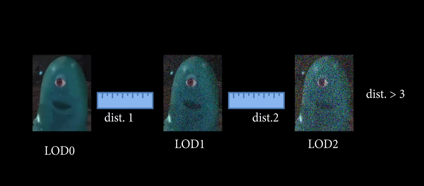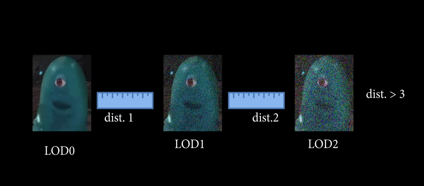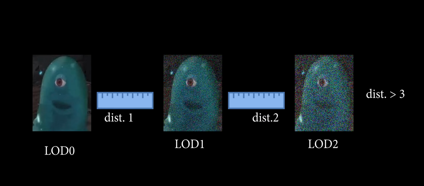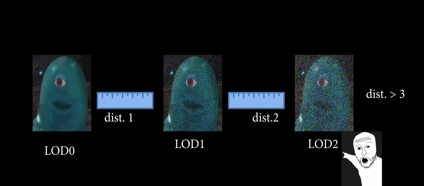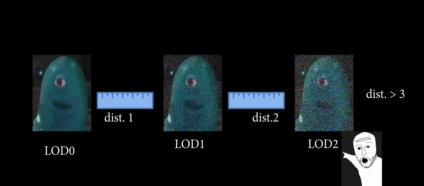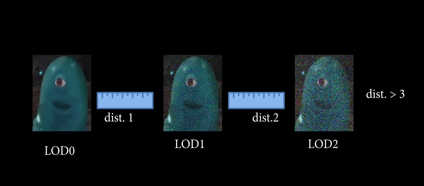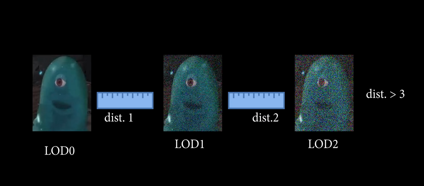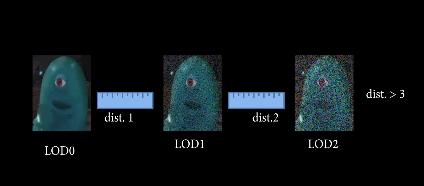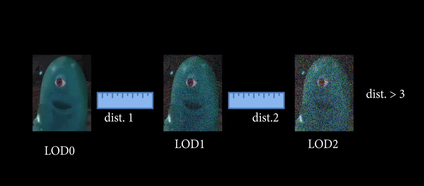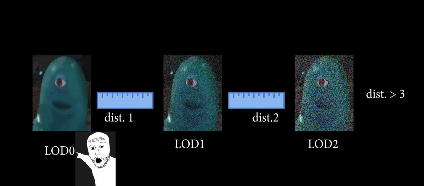But we also have to consider the other way around of switching. And this time we start at LOD 2. So if the distance of the camera is less than 2, then we switch to LOD 1, and if the camera distance is less than 1, then we switch to LOD 0.